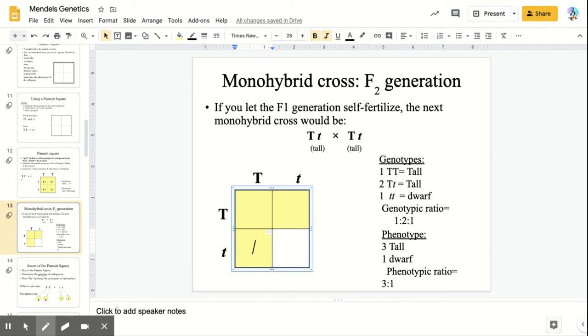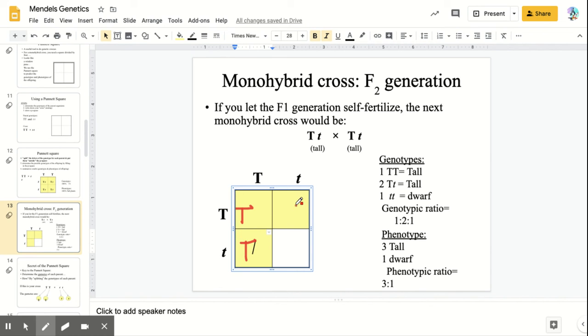So F2 generation, that is going to be our F1 generation self-fertilizing. So that means that they're just going to share pollen with each other. So I put the parents across the top, parent across the side. So again, I put this box here, and this guy goes down and fills with these two.